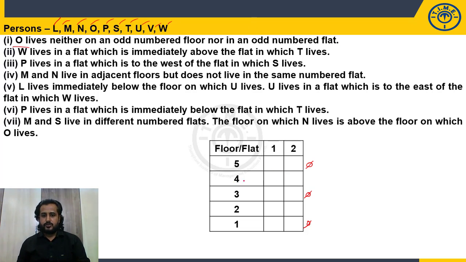So even on 4th floor, first flat is also not possible for O because O does not live in an odd number flat. So what are the possible positions for O? Here is one possibility. Here is one possibility. So how many possibilities do we have? 2 possibilities. But this is only for the initial data, O lives neither on an odd number floor nor in an odd number flat. It is leading to 2 possibilities.